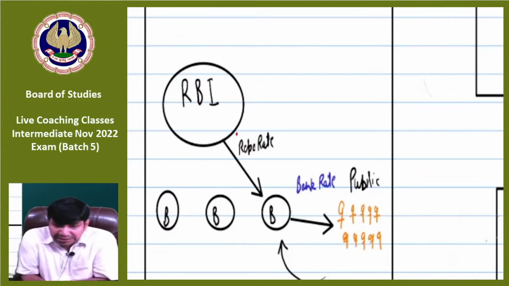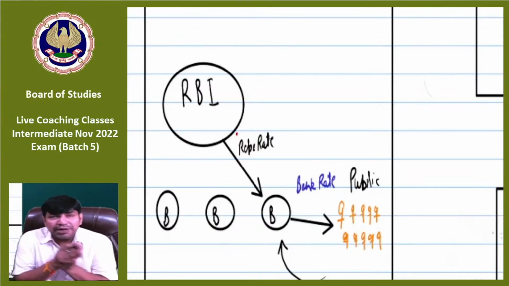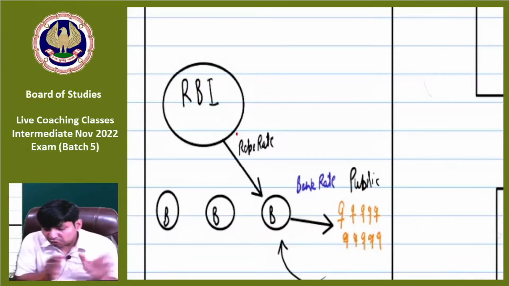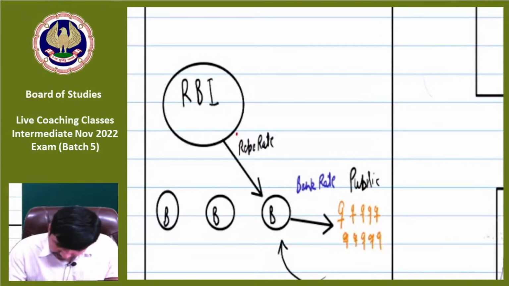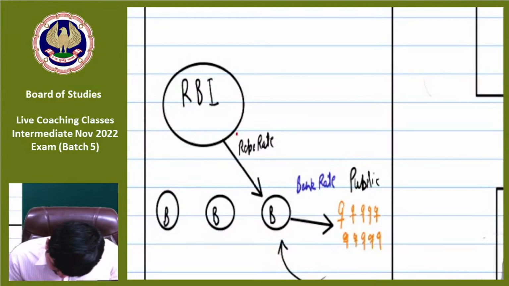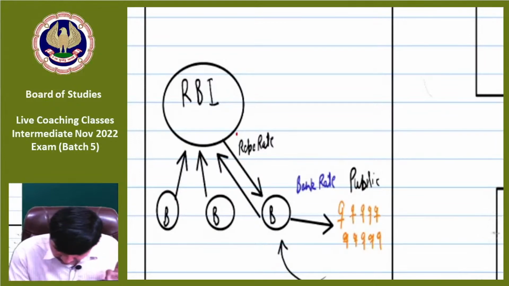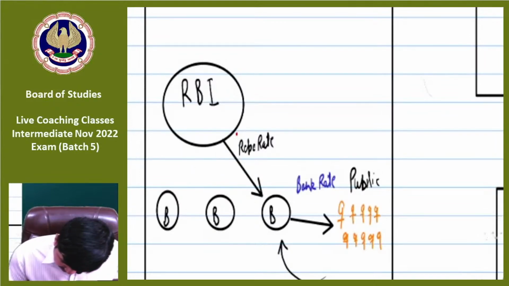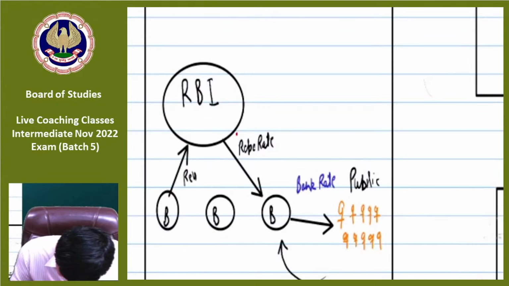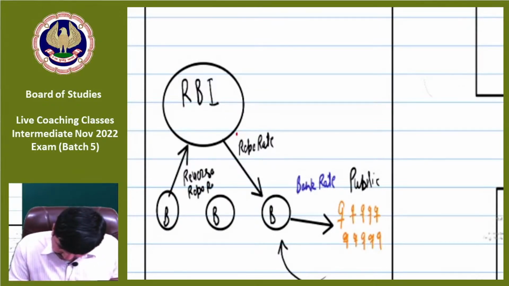Sometimes RBI also needs to borrow, because RBI has to maintain synchronization among all the banks. If RBI asks any bank to lend money, then it is called the reverse repo rate.